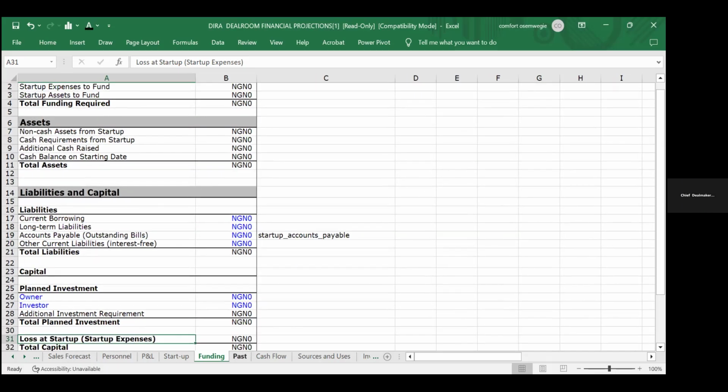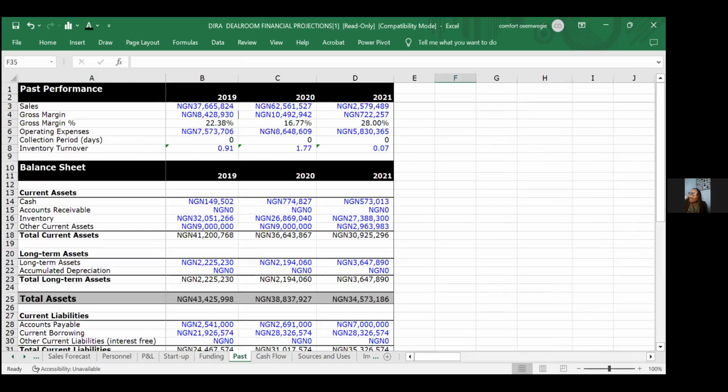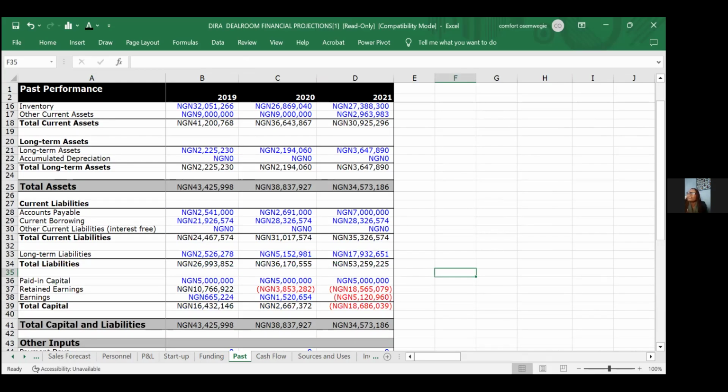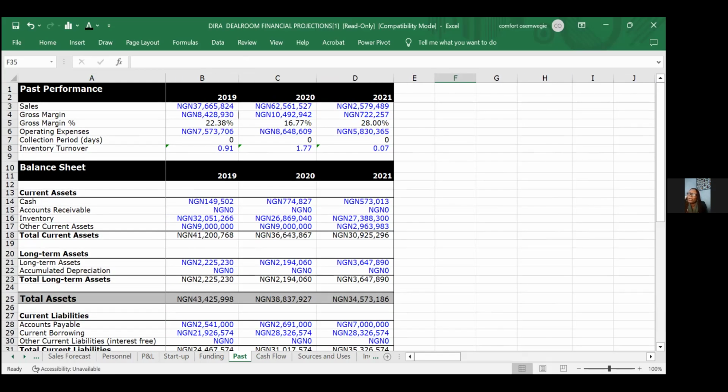And then for those of us, like I was trying to answer on Monday, this is the page for past performance. If you have been running your business and you already have audited reports, fill your first 3 years here. For the sake of this Excel, we are projecting 2025, 26, 27, 28, 29.